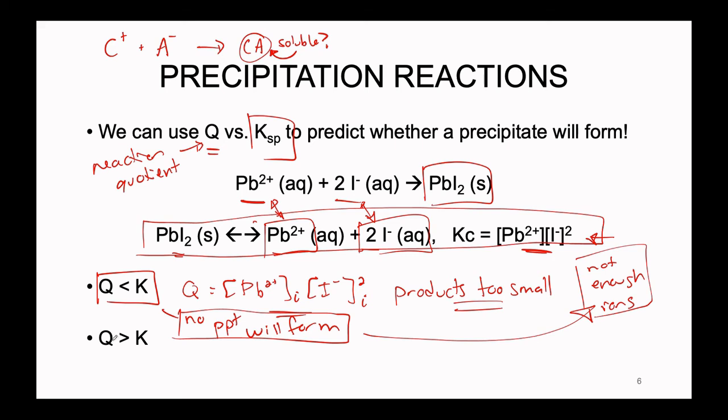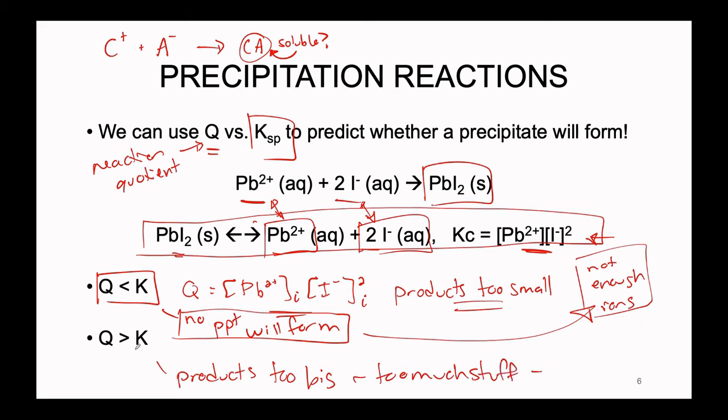Now, if Q is greater than K, this is going to mean the exact opposite. If Q is too big, that means that in our initial conditions there are too many ions. Our products are too big. Mathematically speaking, we have too much stuff in solution. There are too many ions. Not everything can fit.